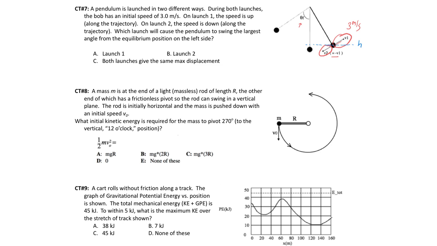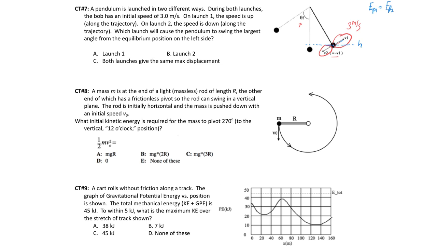Now we're referring to the system of the ball and the earth. So it has a certain amount of gravitational potential energy in that system. So in both situations, whether I throw it up or whether I throw it down, it has the same mgh, or the same gravitational potential energy. So EP1 equals EP2, right? And this is the initial, of course.